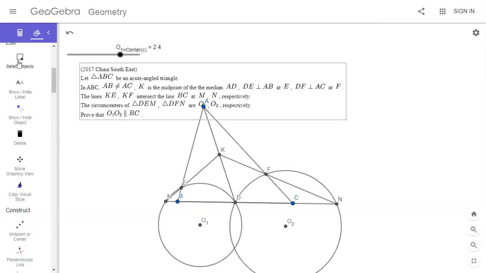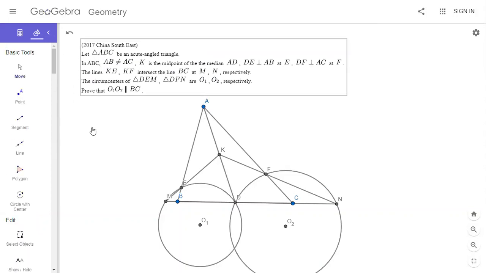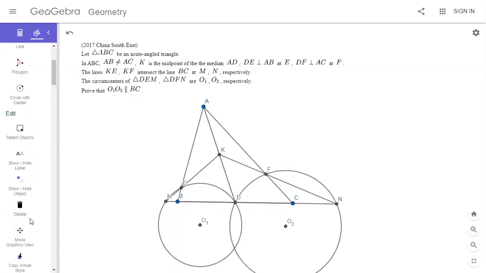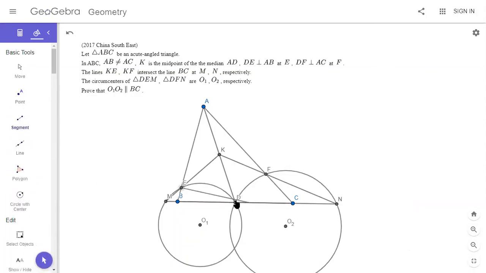What is this thing? I want to get rid of this thing. There we go. Okay. So we have a median, K is the midpoint. Two perpendiculars here.